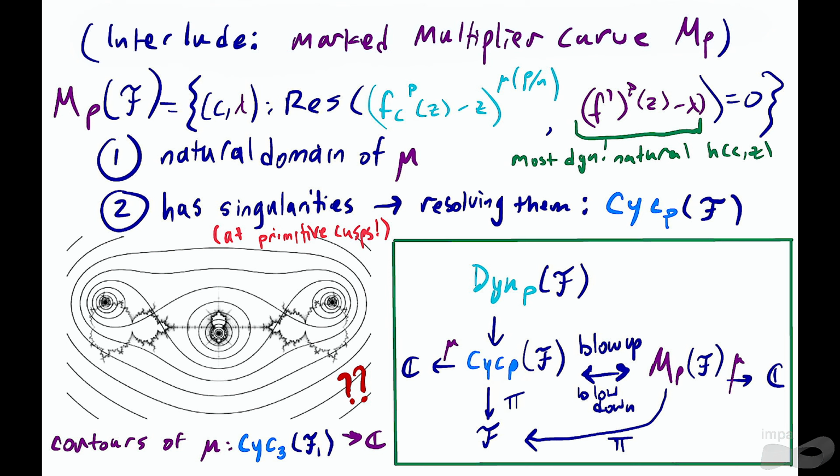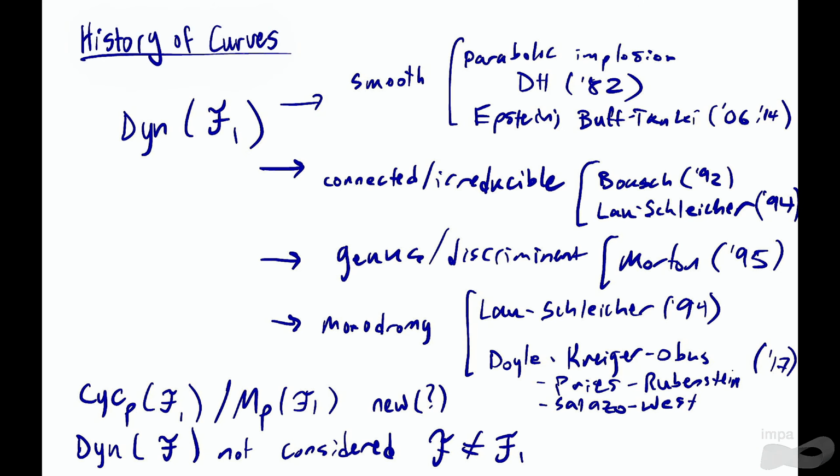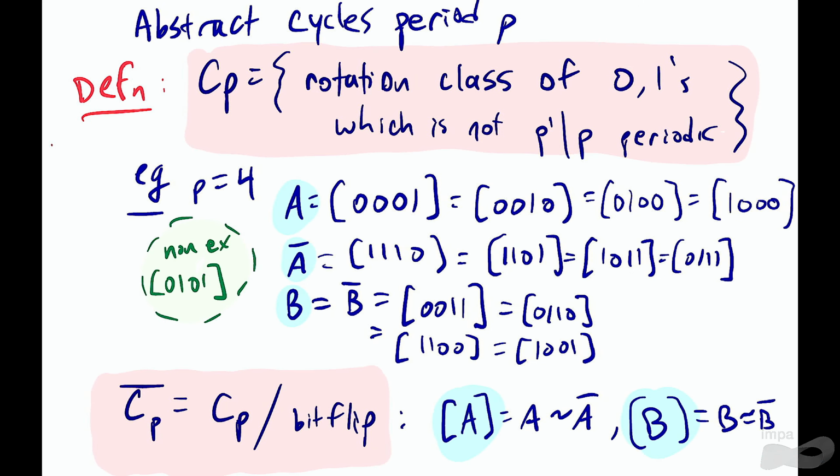So basically the history is that over the family of quadratic polynomials, the dynatomic curves are very well understood. But it seems like these marked cycle curves appear to be new, and it seems like nothing else has really been studied over any holomorphic family of functions besides quadratic polynomials. So that's, I guess, the summary of the history.